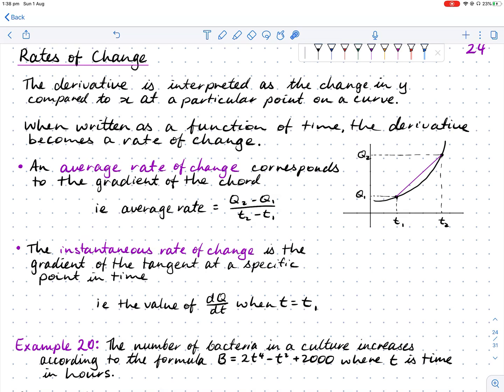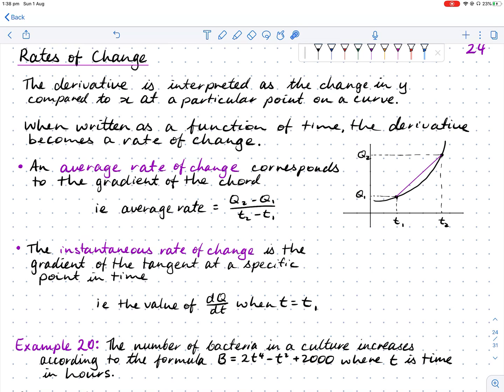So my rate of change is different at all different times during that journey. So sometimes I'm faster, sometimes I'm slower. So sometimes we need to know what it is at that particular moment. But there are also situations where we only need to know what the average was.